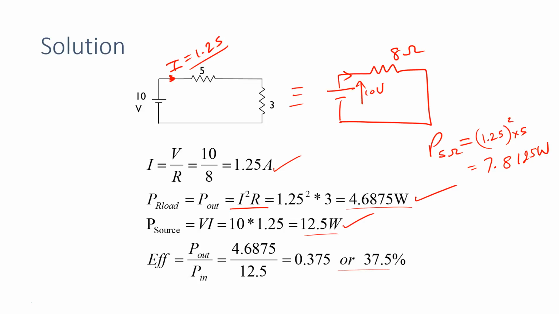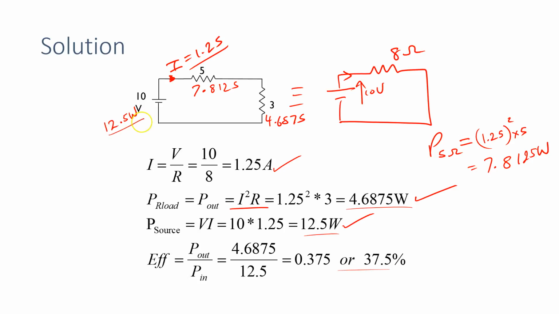So we have here 7.8125, and in the 3 ohm we have 4.6875, and for the 10 volt we have 12.5 watts. So what is the power supplied by the source?